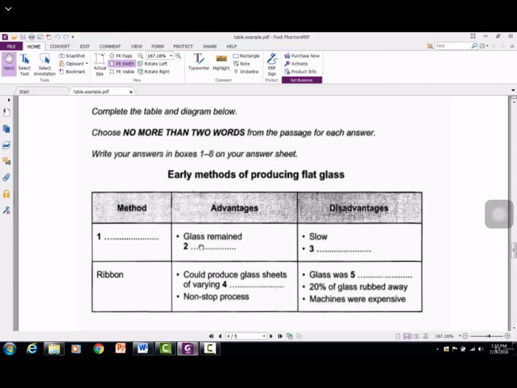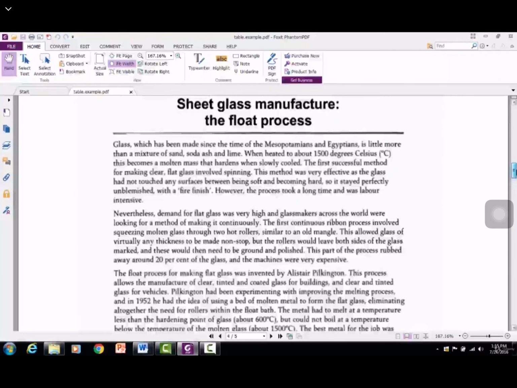All right, so I'll go to number 2. The glass remained. All right, see what it says. I'm right here in the first paragraph, everyone. I'm in the third sentence where it says the first successful method. Right here where you see that little hand on the screen. Always follow the little hand. The first method for making clear flat glass involves spinning.